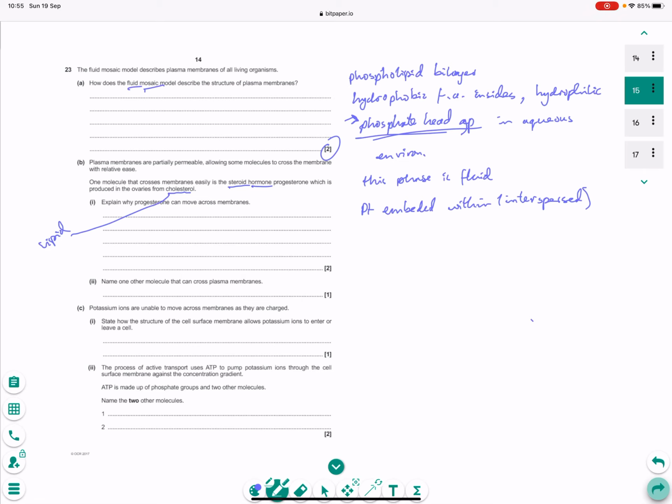Explain why progesterone can move across membranes. It's lipid soluble, therefore not repelled by hydrophobic. Must improve my writing. I'm just trying to get through it in a reasonable amount of time.